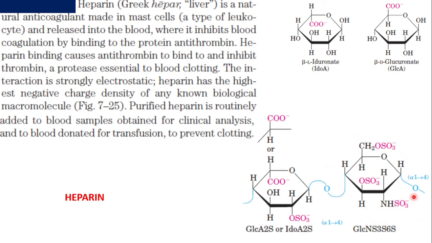In this figure it is a beta glucose derivative. This is an alpha glucose derivative because the OH group is downward. So alpha D glucose, N-sulfate, 3-sulfate, 6-sulfate in 1,4 linkage with the glucuronic acid or glucuronic acid 2-sulfate or hyaluronate acid 2-sulfate. This is the structure of heparin.